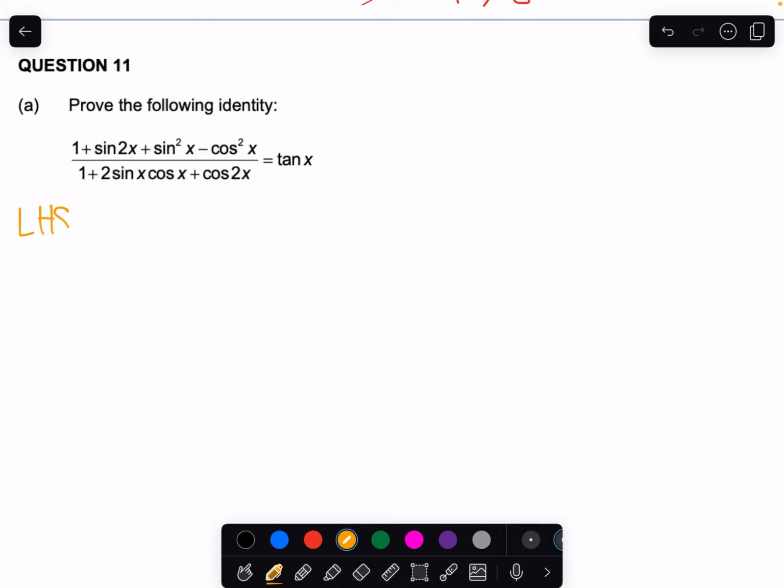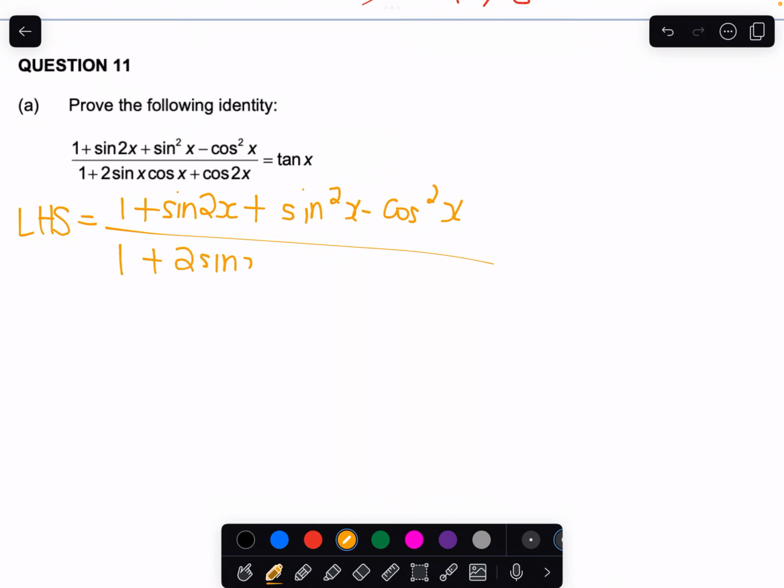So my left hand side is 1 plus sine 2x plus sine squared x minus cos squared x, and at the bottom we have, oh, that was such a skew line.